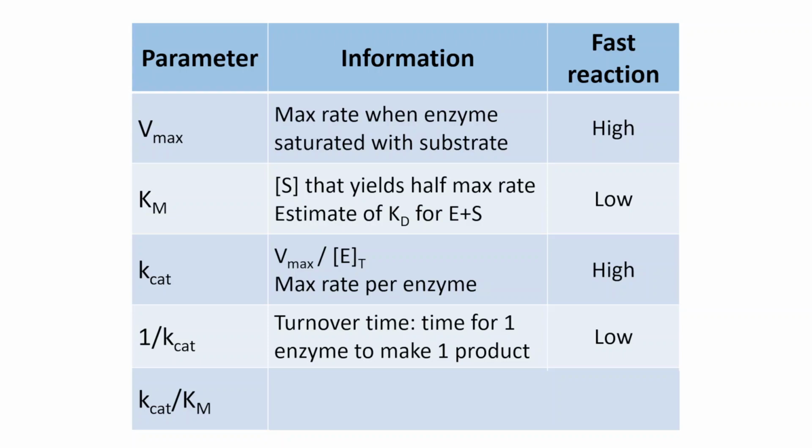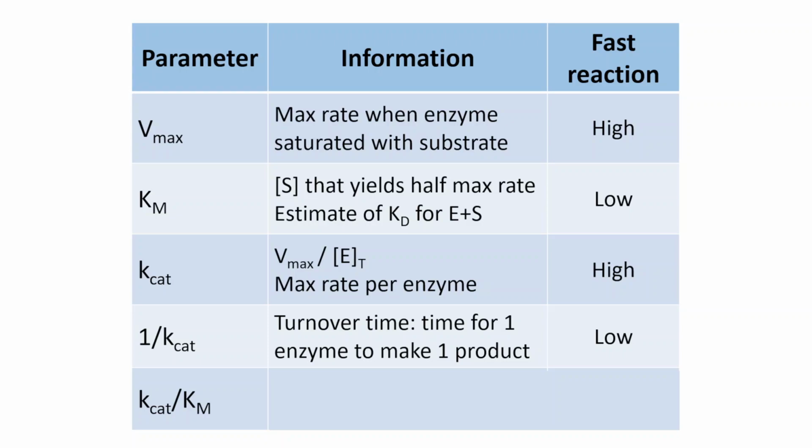All right, so that brings us to KCAT over KM. What is that one telling us? Yeah, so the catalytic efficiency is accounting for both the maximum rate and the binding affinity, because KCAT is the rate and KM is the binding affinity.